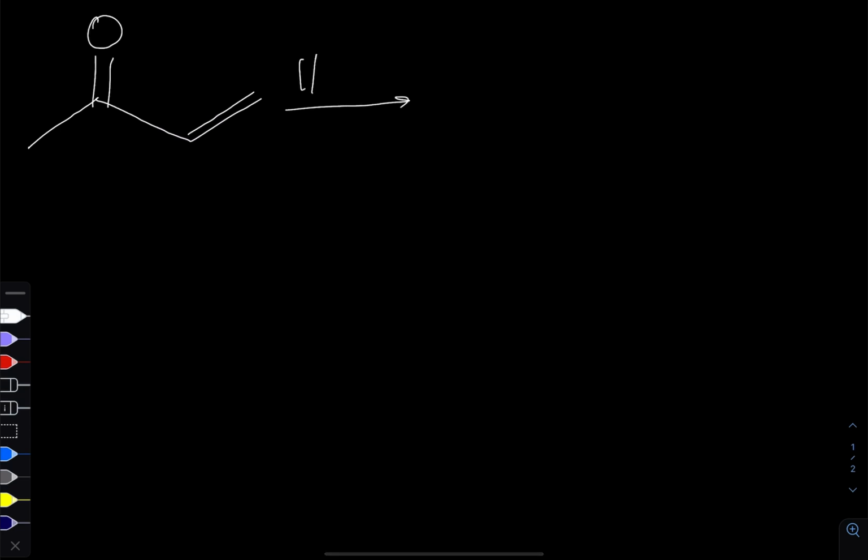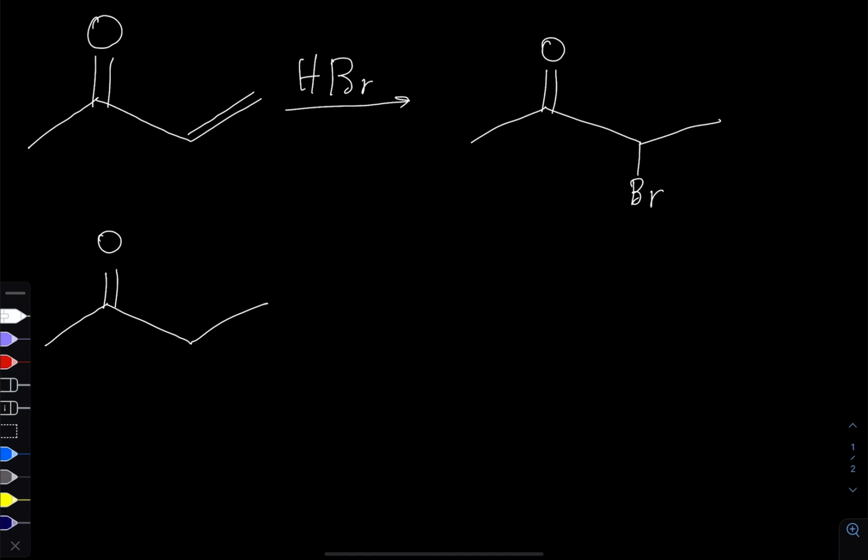So let's rewrite what we just did. If you were to do the same reaction, but in the solution you also include some peroxides, what would occur in this case?